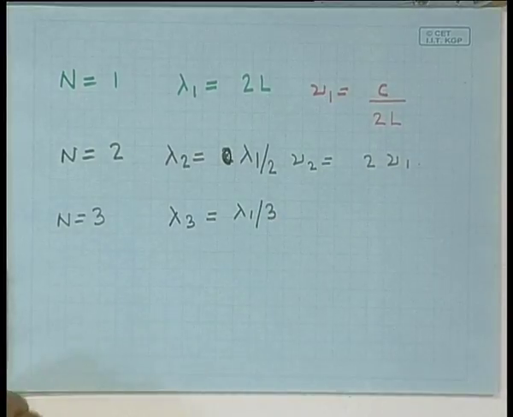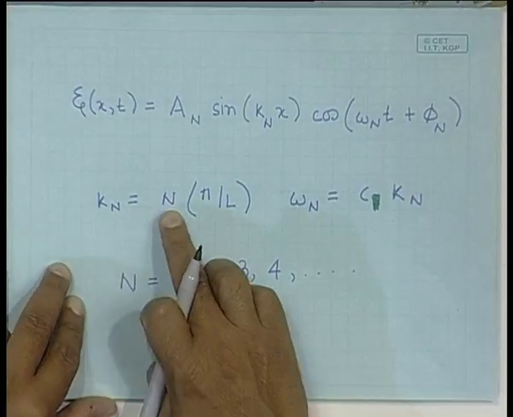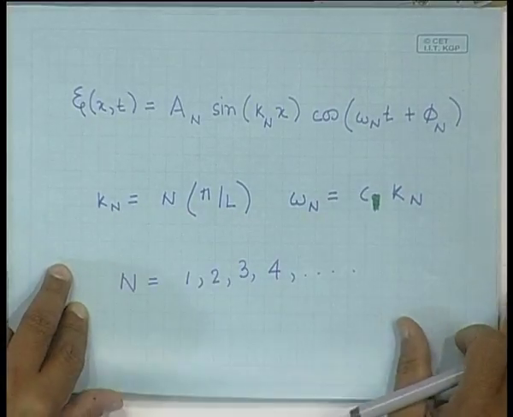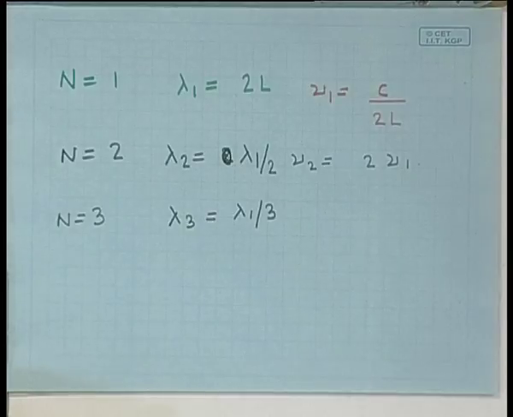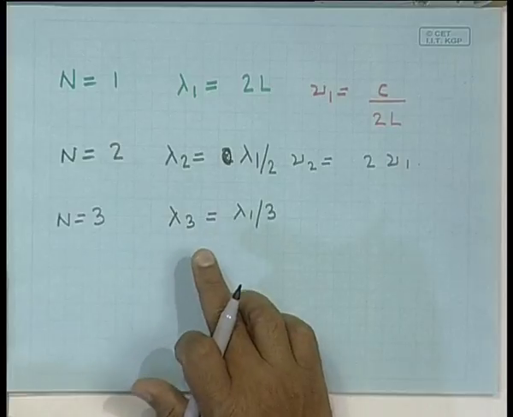I had made a mistake over here. The wavelength for n equal to 2 was L, which is lambda 1 divided by 2, not multiplied by 2.